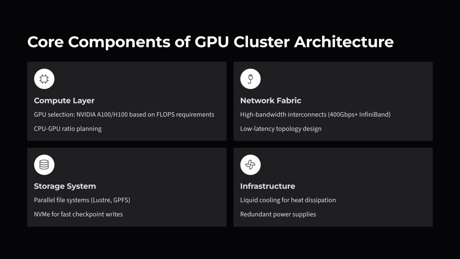GPUs like the A100 or H100 perform the core operations while CPUs prepare batches and handle data decoding. The network fabric is dedicated patient transport, using 400 gigabit InfiniBand or NVLink to move gradients between nodes with minimal delay. Even one congested link can slow a training job by half.